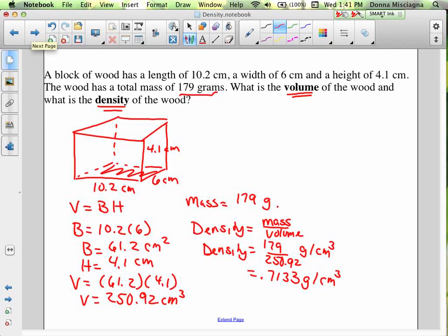You could also change that to grams per milliliter, but it really does not matter. It's fine the way it is. Any questions on this one? Okay, so we will be using our volume formulas to find our density sometimes.